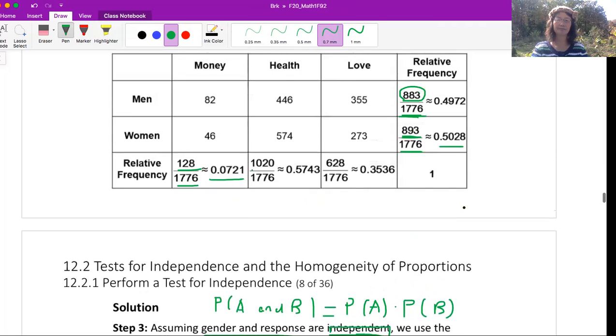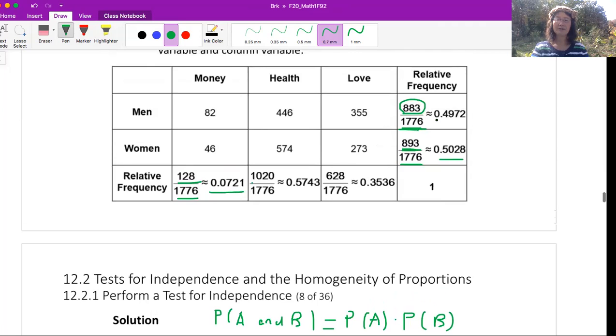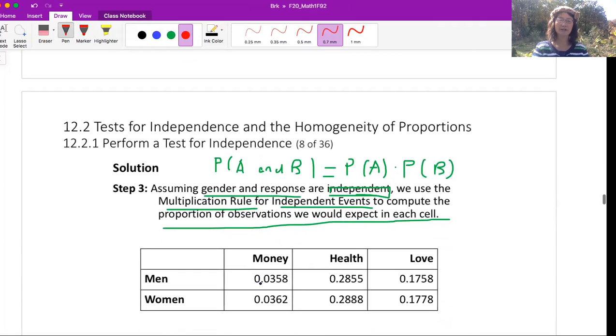So how? If you use this number, 0.4972, and multiply by 0.0721, you get this number here.